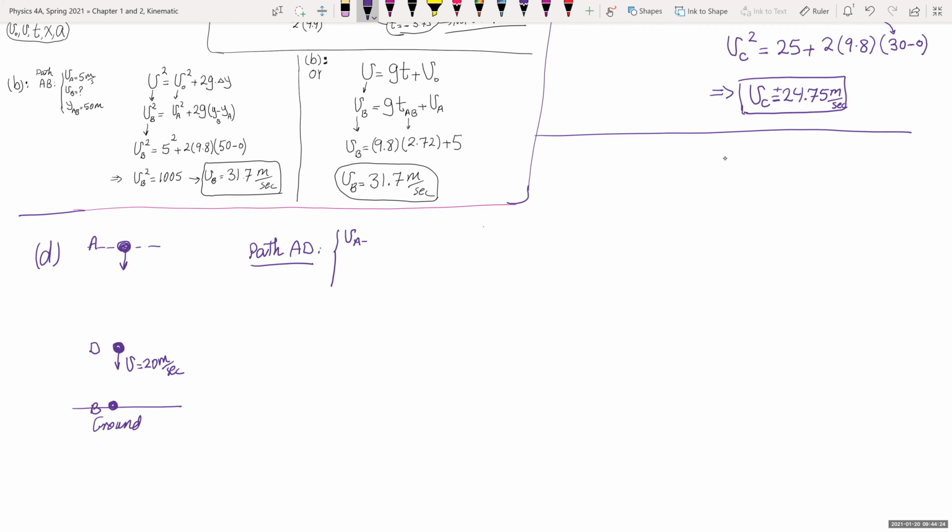Velocity at point A is 5, correct? Velocity at point D is given. Now, they want me to find the time from point A to D, because it says at what time.